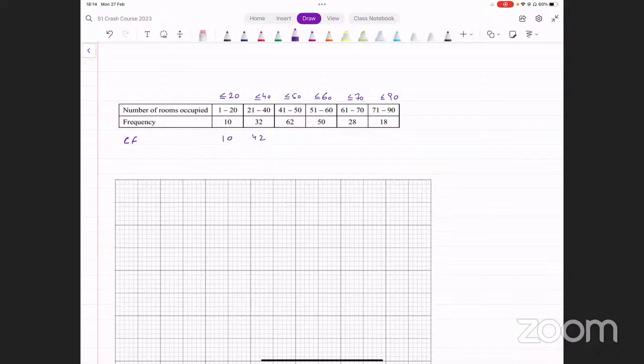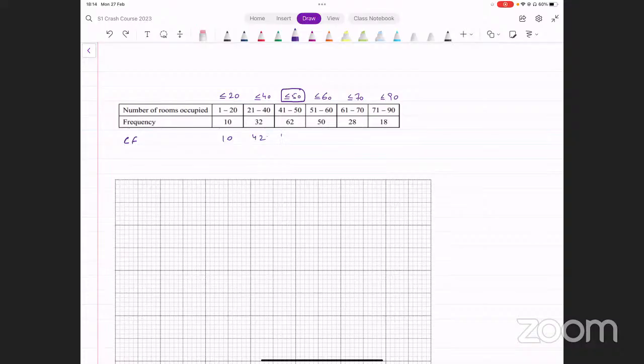Then similarly, the next value is less than or equal to 50. Now, towards the left of 50, you have all of these three values. So what's the total frequency to the left of this? That will be the cumulative frequency. That will turn out to be 10 plus 32 plus 62. You add all of those numbers, or you could just add 42 and 62.